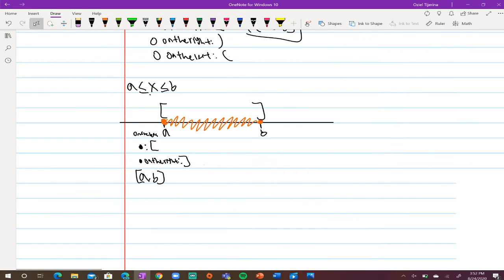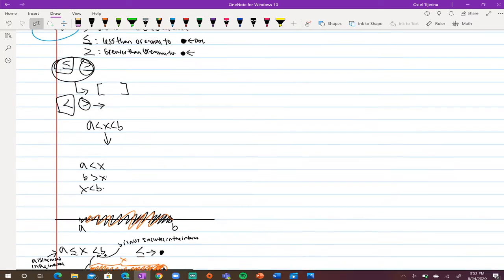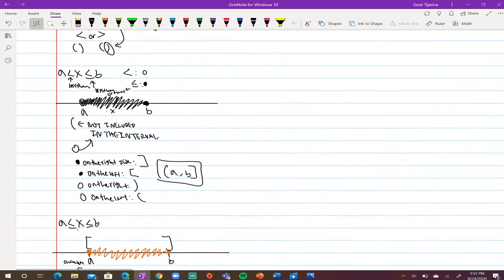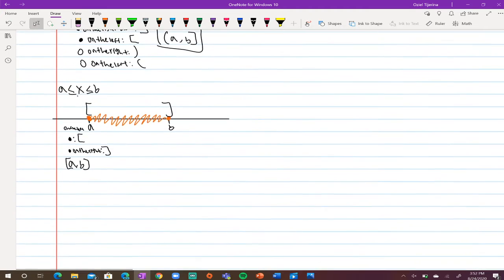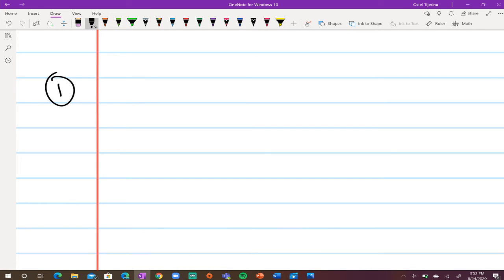So now I want to go ahead and work some examples. Number one, let's just say we have -2 is less than or equal to x is less than 2, okay?